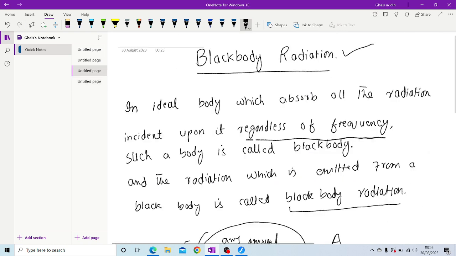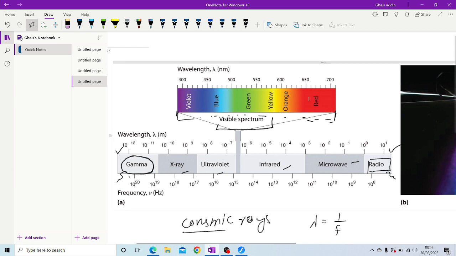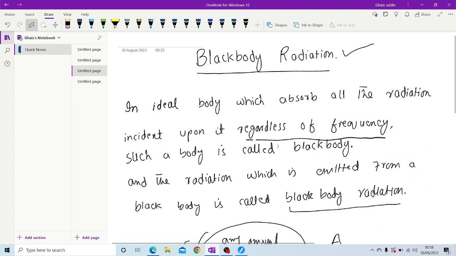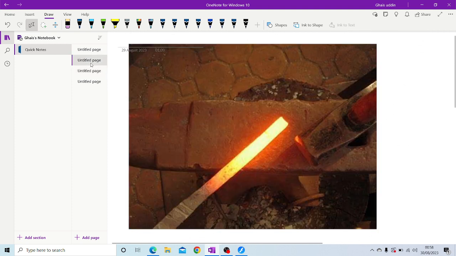So, an ideal body which absorbs all the radiation incident upon it is called a black body, and the radiation emitted from that black body is called blackbody radiation. If we look at this metal, it is glowing.